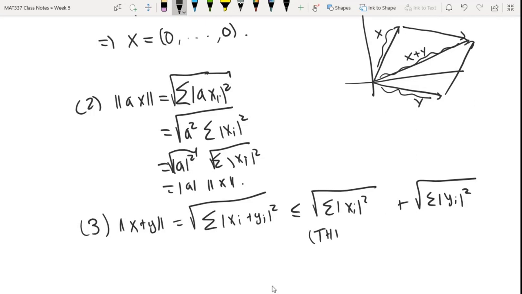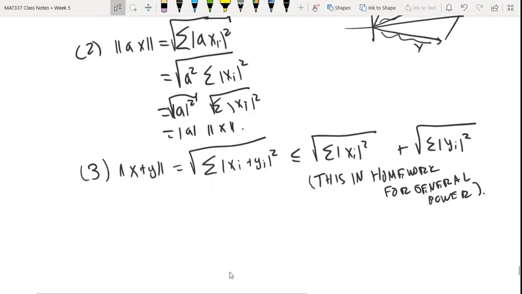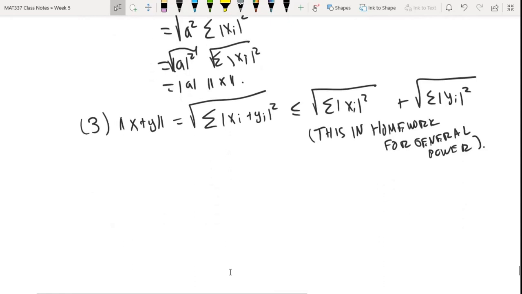This is in homework. So, for the general p power. Okay.